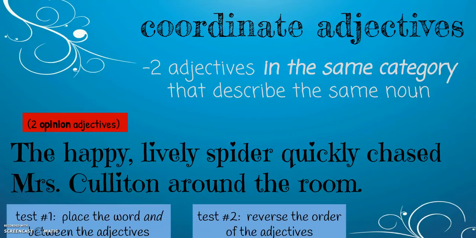So instead of saying the happy lively spider, could I say the lively happy spider quickly chased Mrs. Culleton around the room? That makes sense as well. They're both opinion adjectives, so we are able to put a comma in between them.